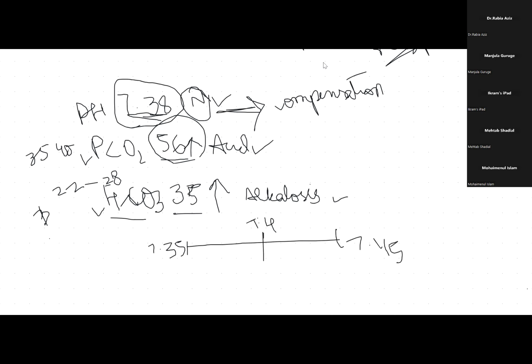So you have to plot this pH here. Any value coming towards this side becomes acidic, and any value coming above 7.4 is basic. All right. So the value comes here and it is 7.38.